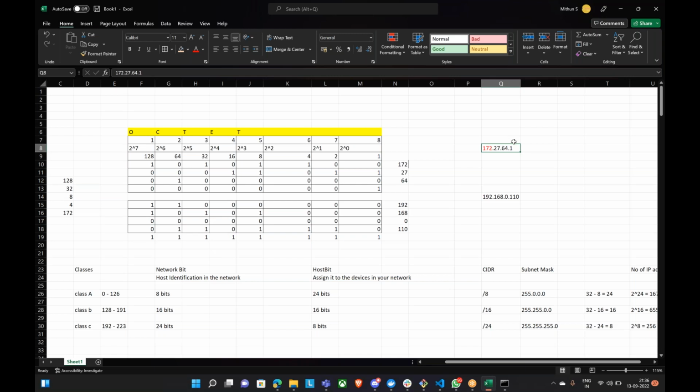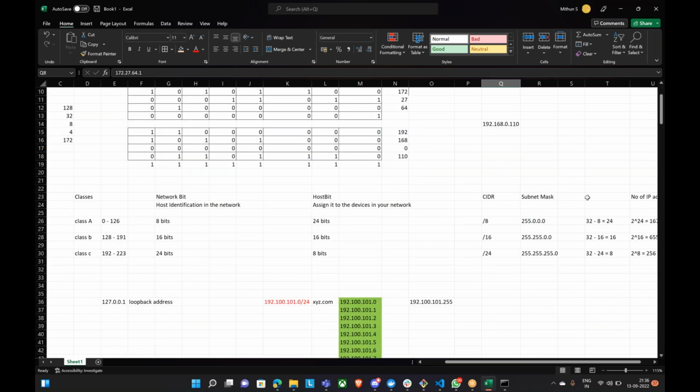But with classless inter-domain routing, it is not like that. You could use 2, 3, however many bits you want from the second octet also. So in the sense, rather than /8, you can also use /10, /12 like that.